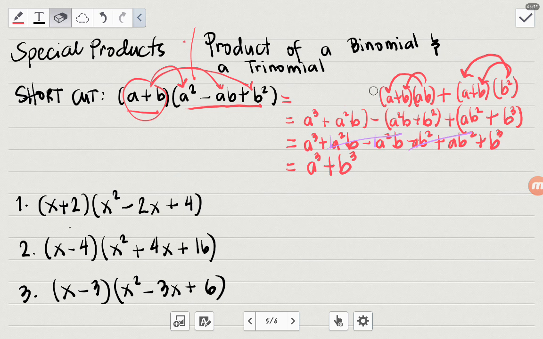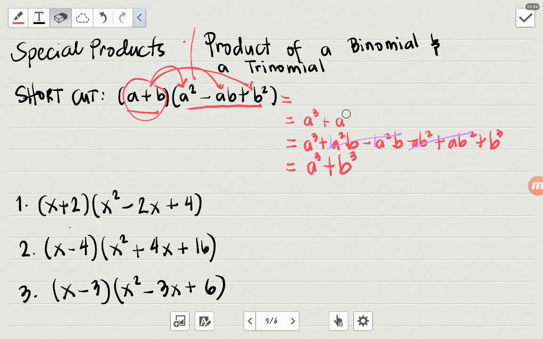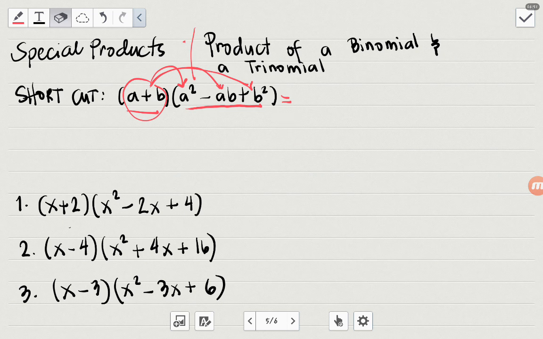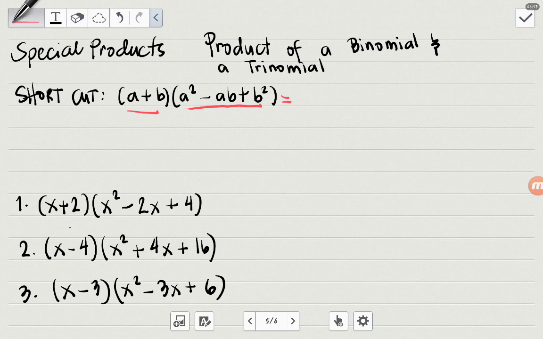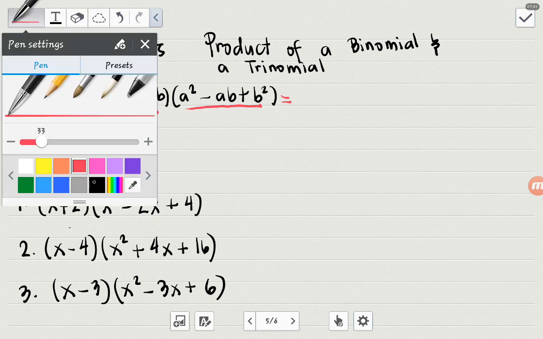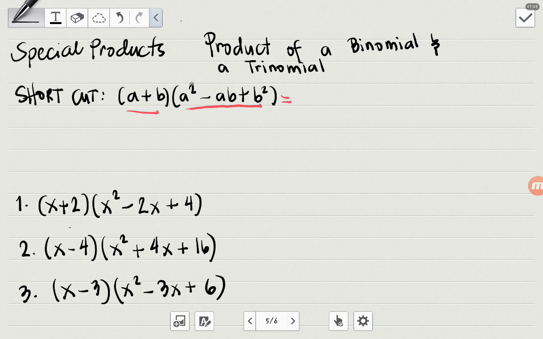Hindi natin kailangan itong pagdaanan lahat. Ang alam lang natin na kapag nag-multiply ka ng a plus b times a square minus ab plus b square, may dalawang term tayo sasagot. A cube plus b cube.